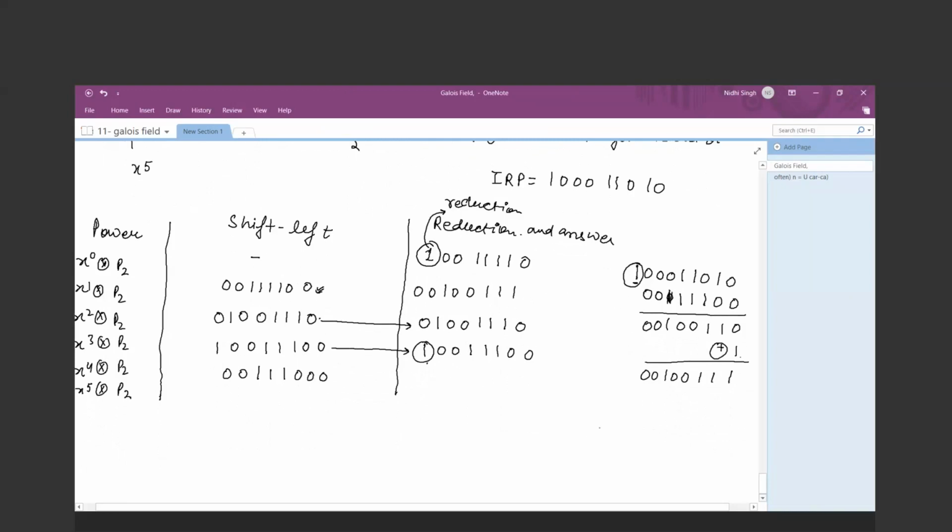So for the left shift, what do I have to do? Take only this much part. That is 0 0 0 1 1 0 1 0 and this value, that is 0 0 1 1 1 and 0 0. Perform the XOR: 0 0 1 0 0 0 1 0. Now this extra bit which we skipped in the reducible polynomial, I have to add in the last.